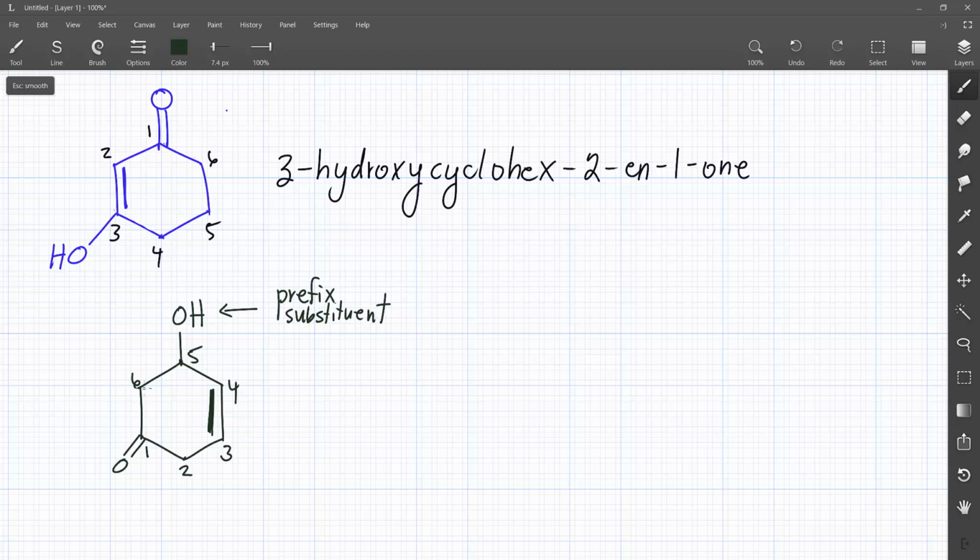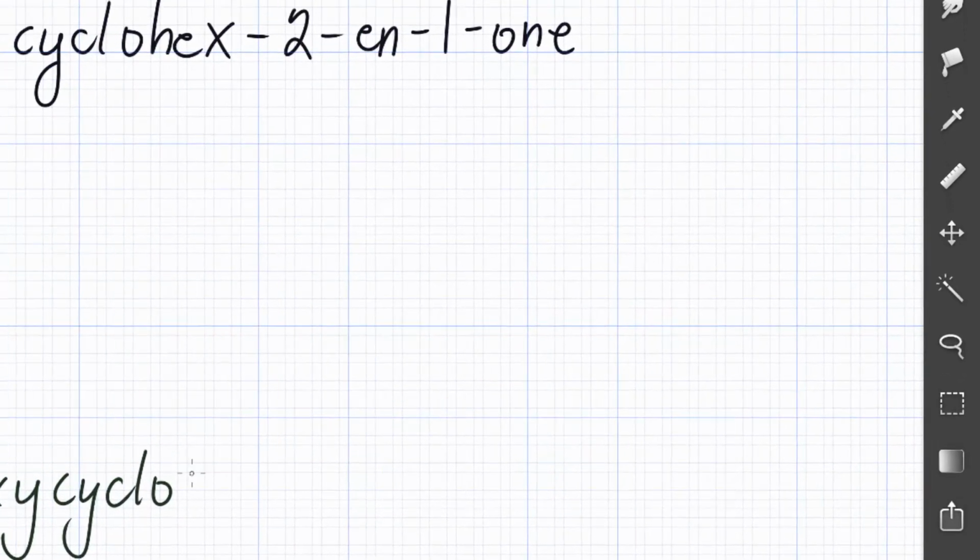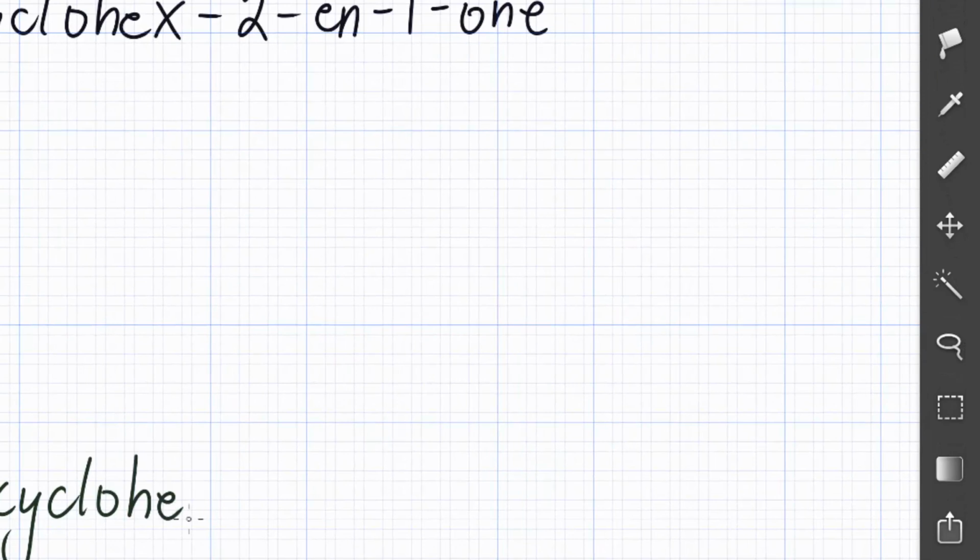Okay, so that would be 5-hydroxy-cyclohex-3-en-1-one.